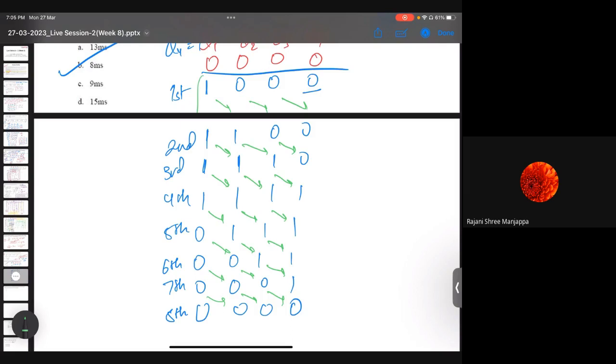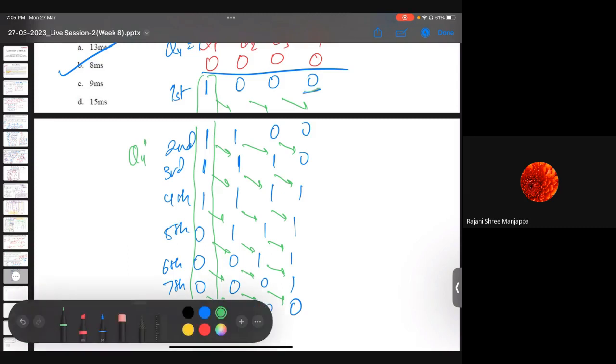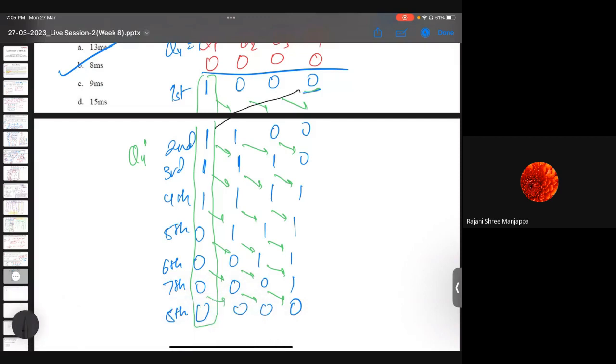This row is nothing but Q4 bar. So this, again with some different ink, is getting barred over here. This is here, this is here. No toggling will happen.